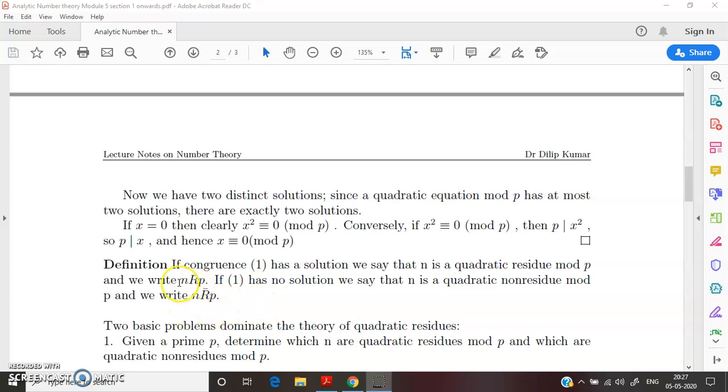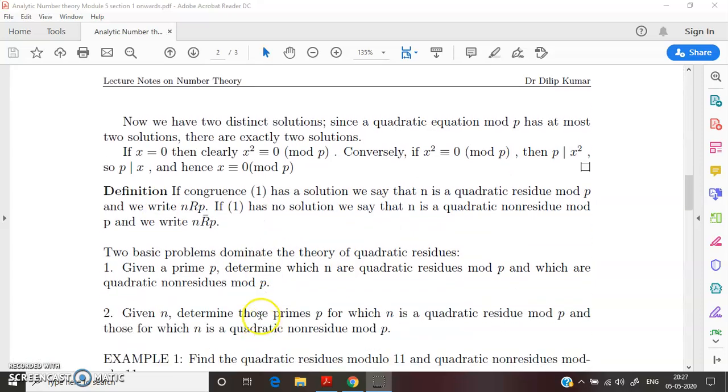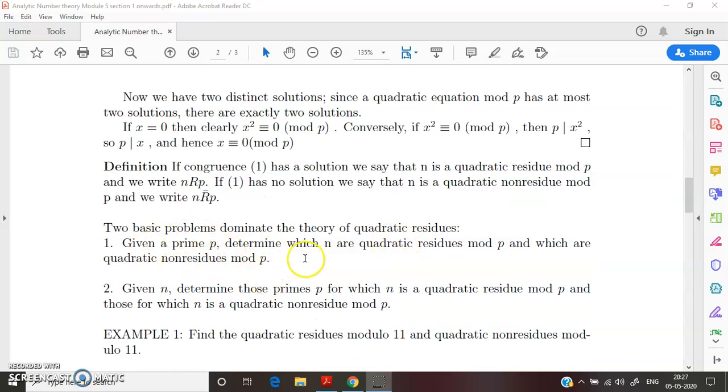So now in this section we will be discussing mainly two problems. One is that given a prime p, determine which n are quadratic residues mod p and which are quadratic non-residues mod p. That is, if we are given a prime number p, we want to determine those n's which are quadratic residues mod p and those n's which are not.